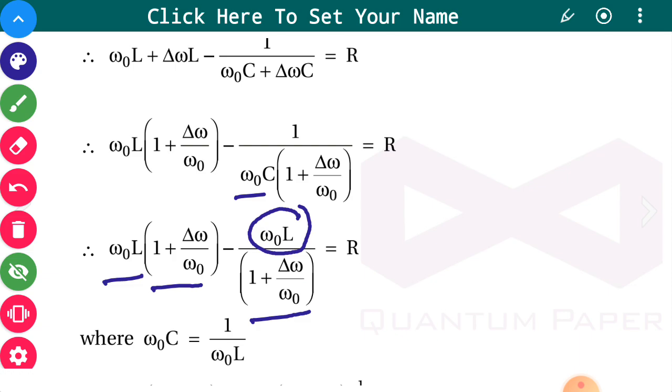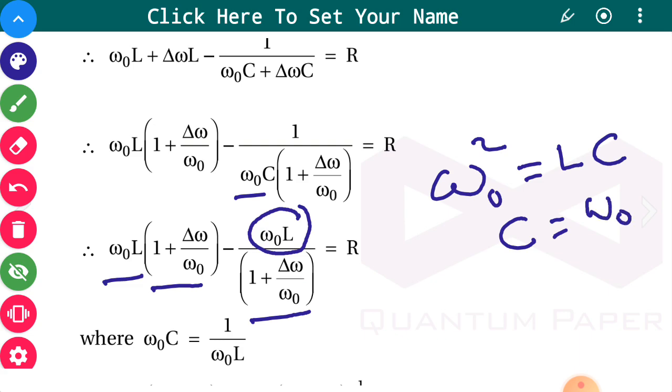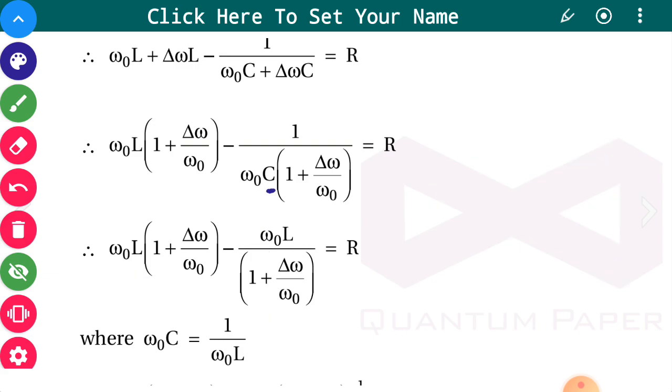Why has it been taken? Because omega 0 square is equal to 1 upon L into C. So instead of C we can write omega 0 square upon L. So here, instead of this C, it is taken as omega 0 square upon L.